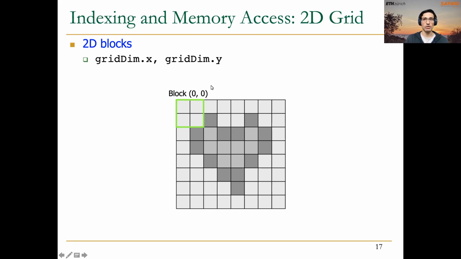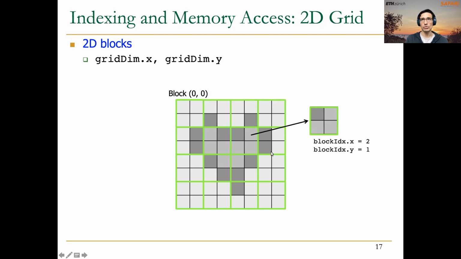Now, if we want to distribute this image among two-dimensional blocks, what we will do is assign a two-dimensional region of the image to the different thread blocks. For example, thread block 00 is going to be working on this region, and the rest of the image is assigned to other thread blocks.